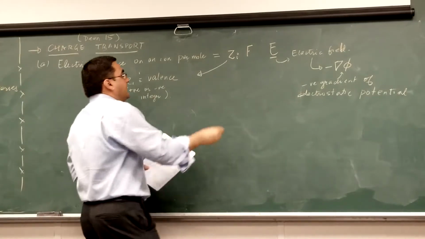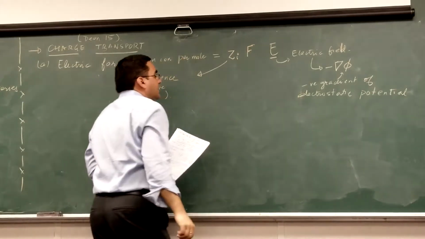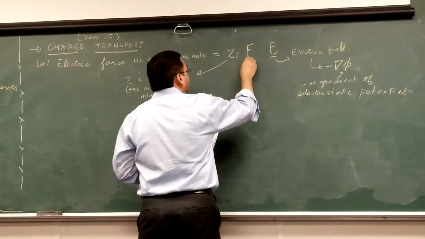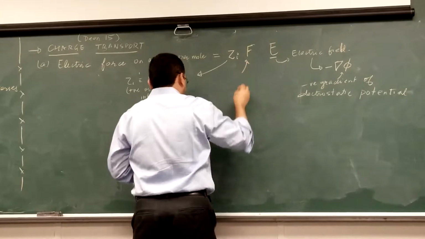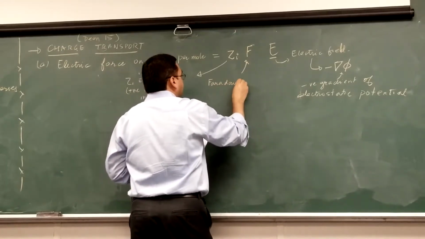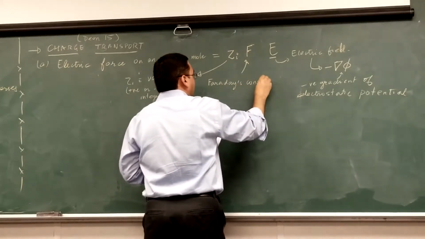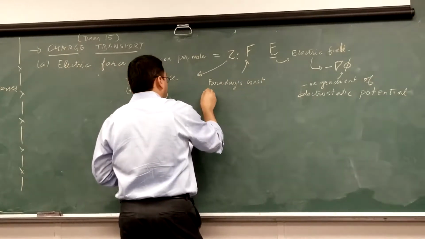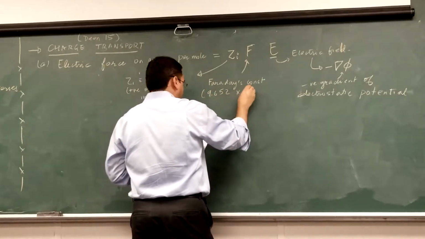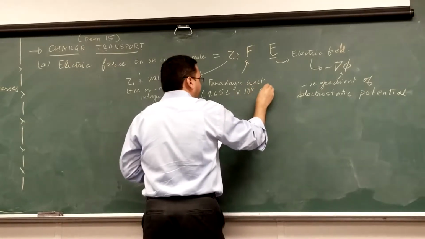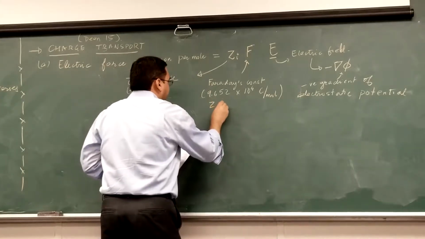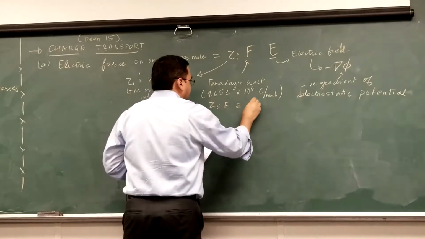And F is Faraday's constant, which allows you to go from charge to moles and moles to charge, because F is defined as Faraday's constant, and this has a value of 9.652 × 10^4 coulombs per mole. And whenever I write Z_i F, this represents charge per mole.